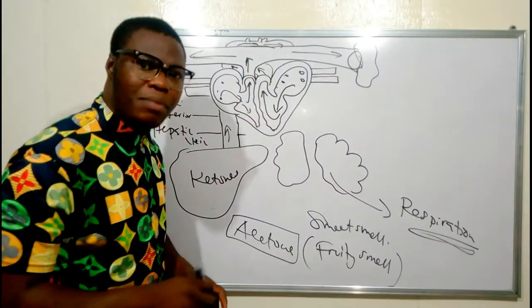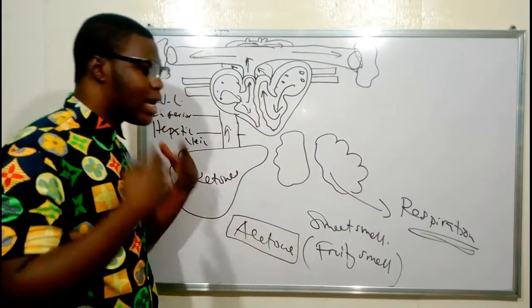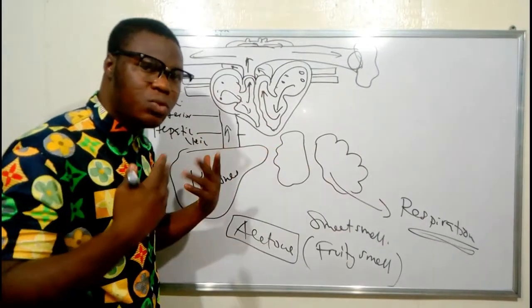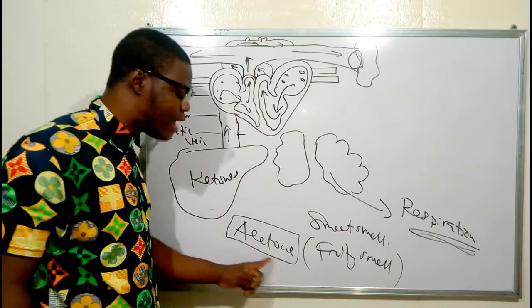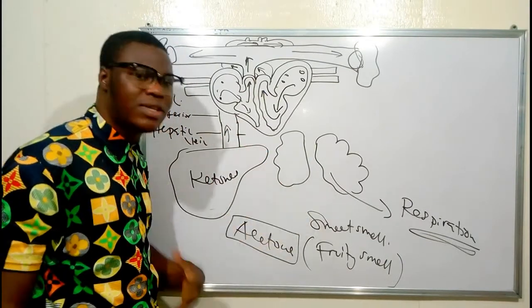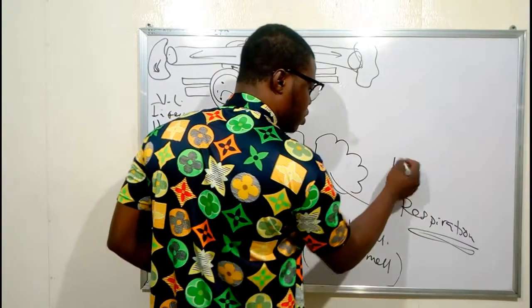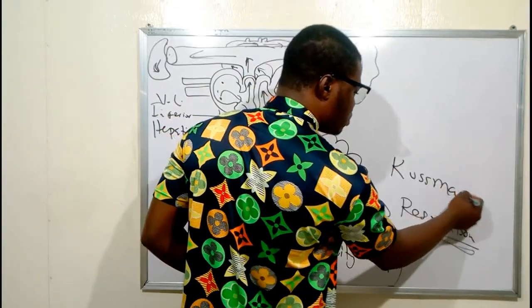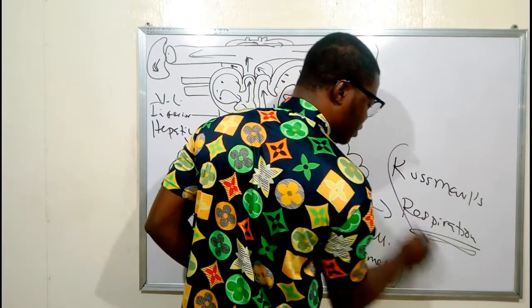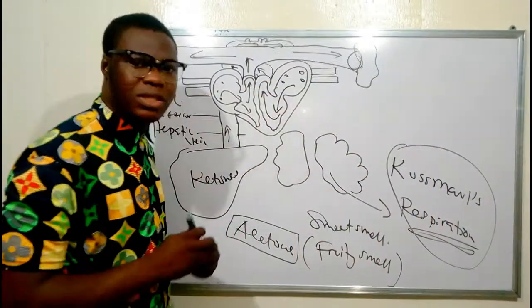And why? Because these ketones can be expelled out of the body using what? Using air, the volatile aspect, the acetone. So the person is going to increase the respiration. And this kind of respiration will lead to what we call Kussmaul respiration. That is the kind of respiration that the person will have.